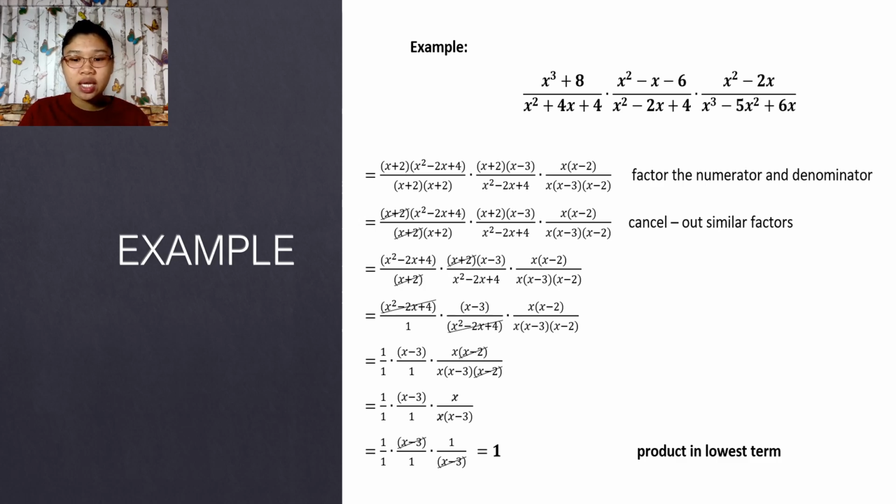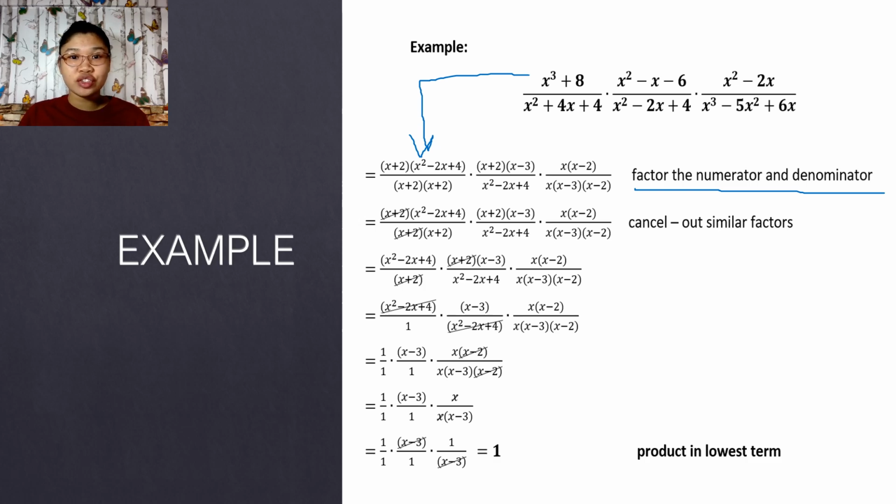So as you can see here, we factor first the numerator and the denominator, wherein here's the factor of x cubed plus 8: x plus 2 multiplied by x squared minus 2x plus 4.